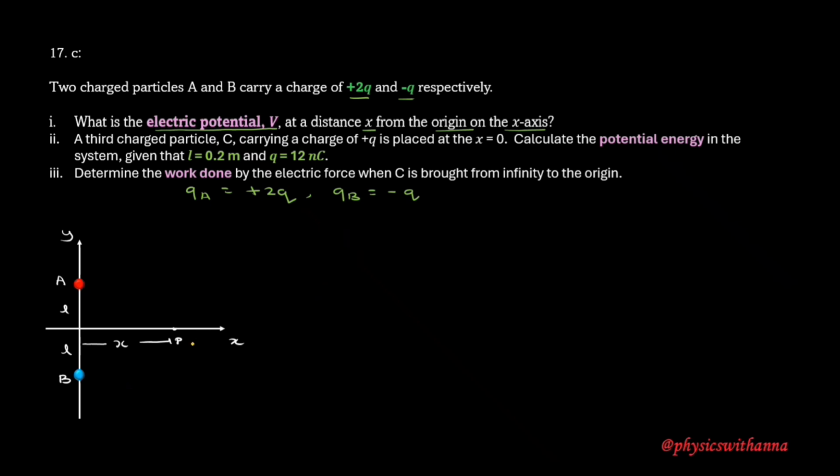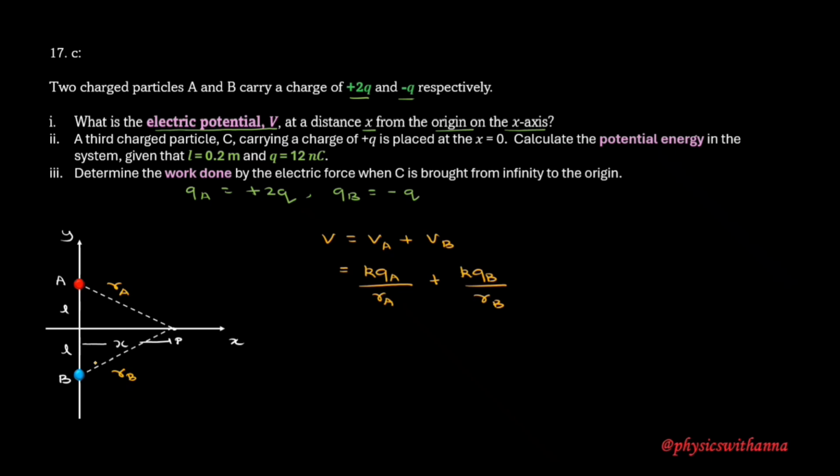So if I have to find potential at point P because of two charges, I will write V equal to potential due to charge A plus potential due to charge B. That gives me VA, which we can write as KQA over RA, where RA is the distance between charged particle A and point P. And VB we can write as KQB over RB, where RB is the distance between charged particle B and point P.